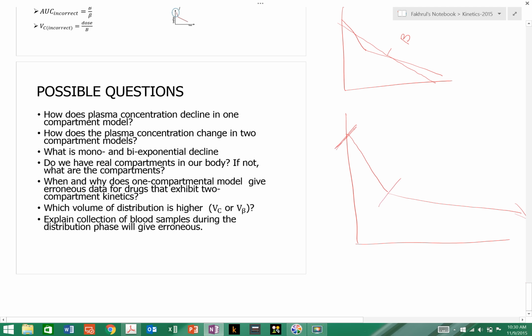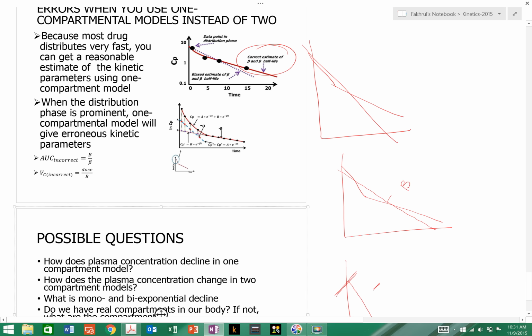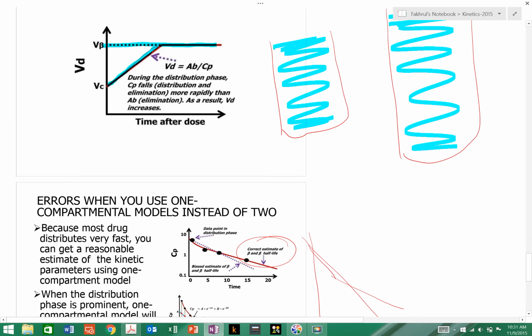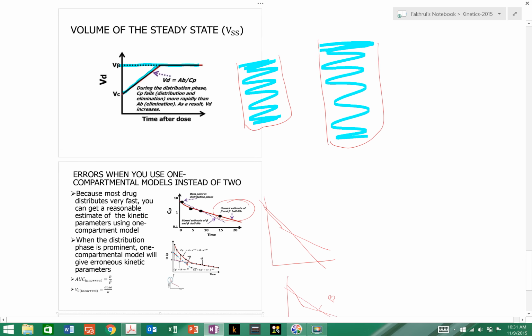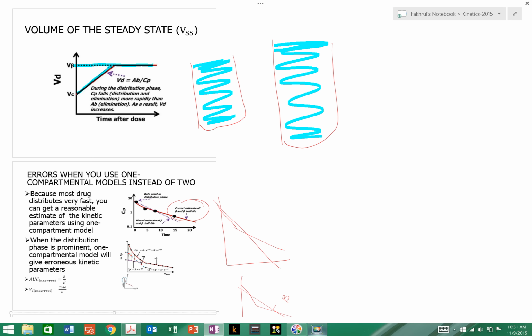The drug works in the central, peripheral or tissue compartment. If you collect the sample from here, it will give you erroneous information. I will explain this again in the class. So it is long, but I hope this helps, and tomorrow I will explain everything in the class. Thank you very much.